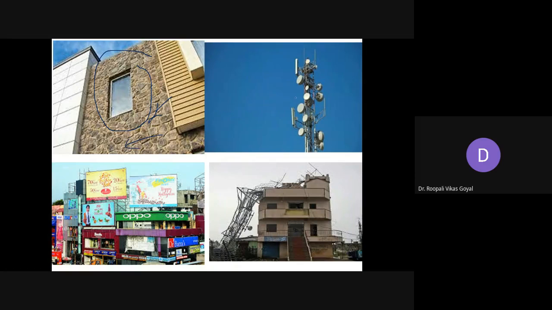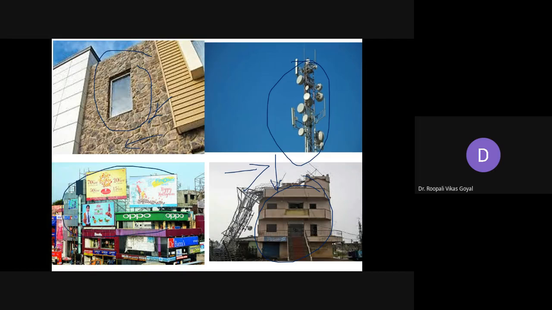Also communication towers may not be considered in the design. If one is installed on top of someone's house and the building is not designed to take that particular load, then when there is heavy wind during a cyclone, or heavy shaking during an earthquake, it can also fall down, and that may also result in secondary disaster.